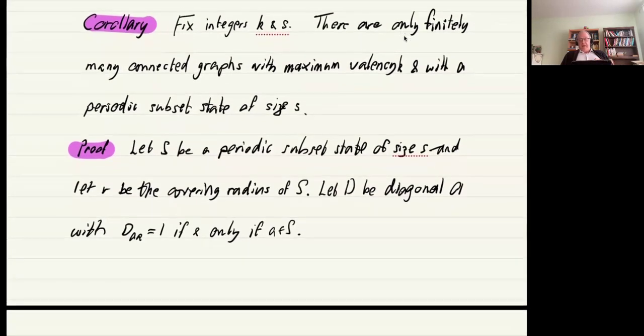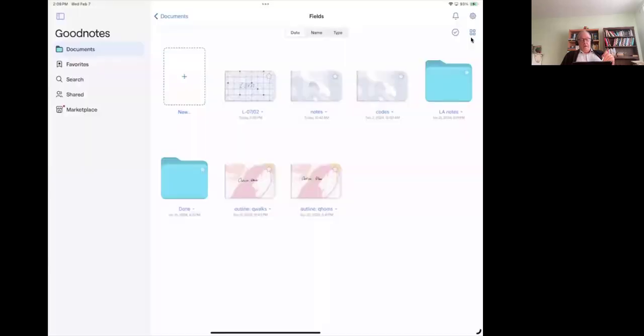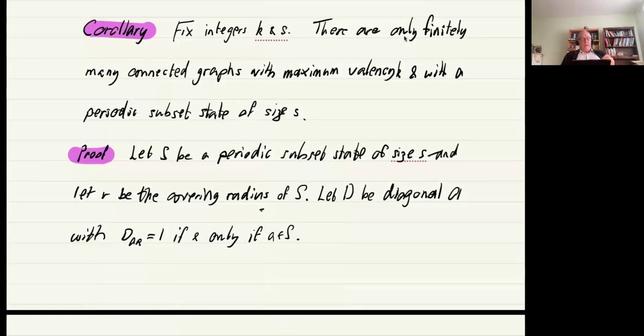We have a periodic subset of size little s, and I need to refer to the covering radius of the subset.